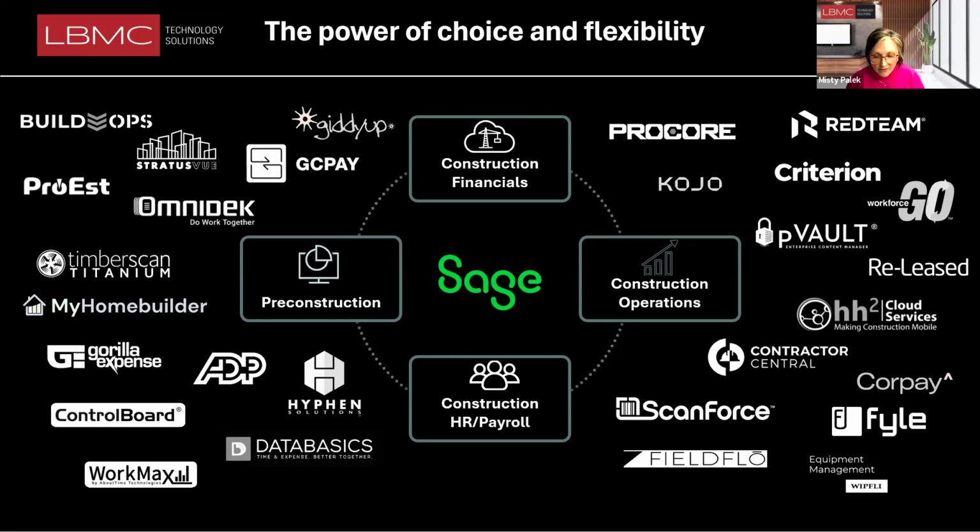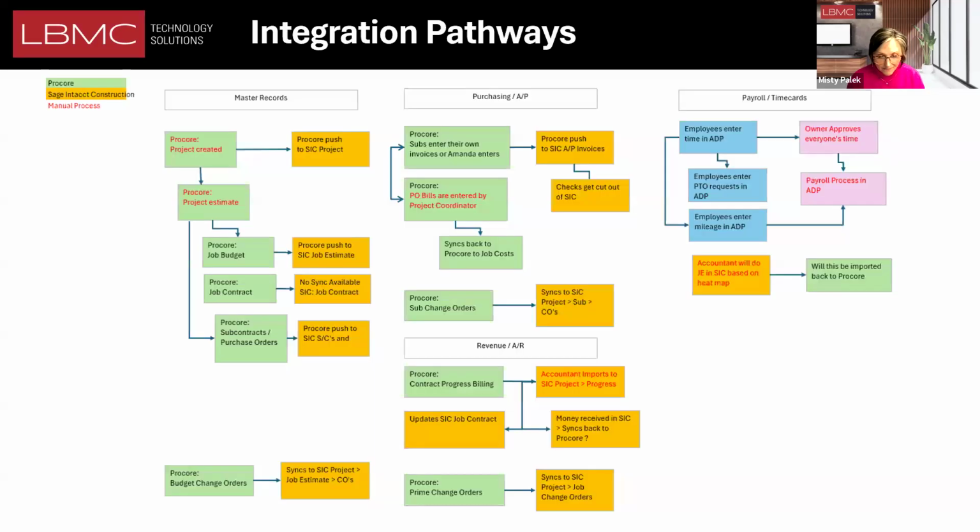So let's look at what an integration pathway could look like for your company. Recently, I actually integrated a client. I transitioned them from Sage 100 Contractor. They didn't have an operational software per se, and they were doing their payroll all in Sage 100 Contractor. So they shifted to Sage Intacct, Procore, and ADP all at the same time.